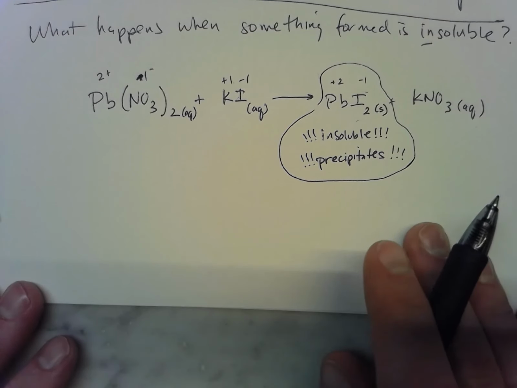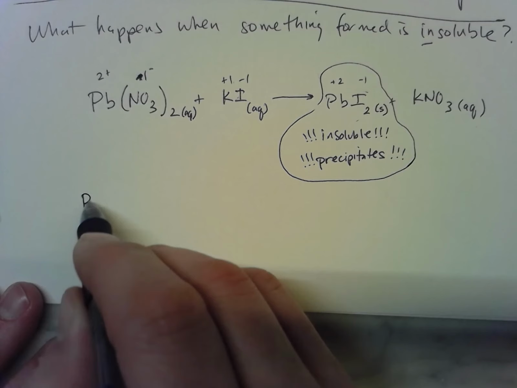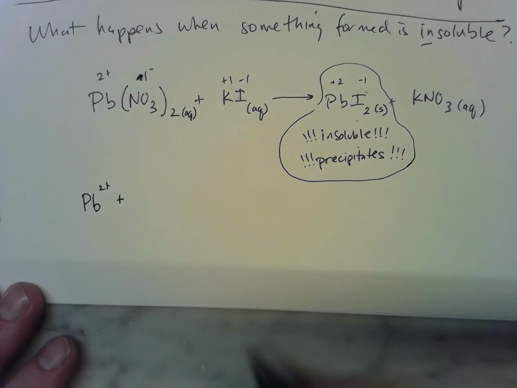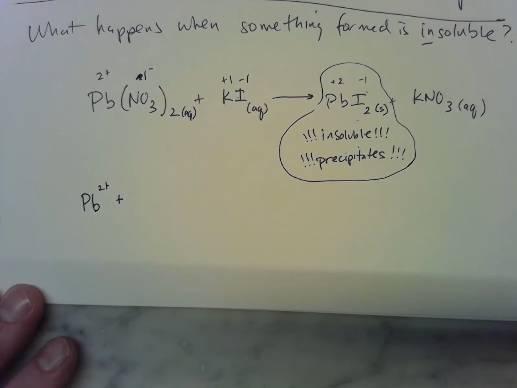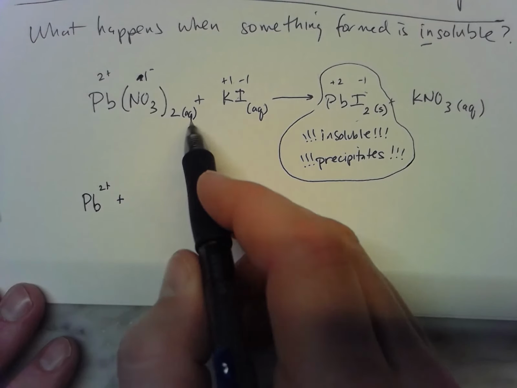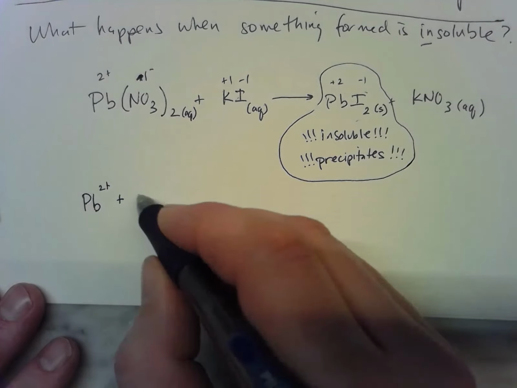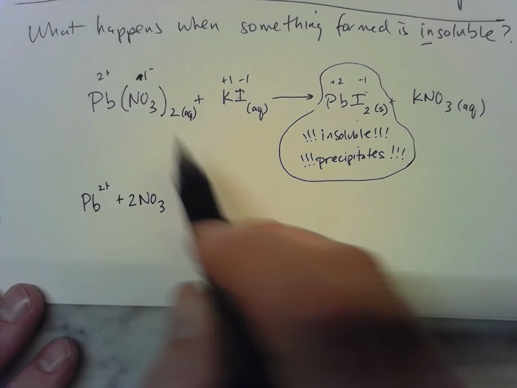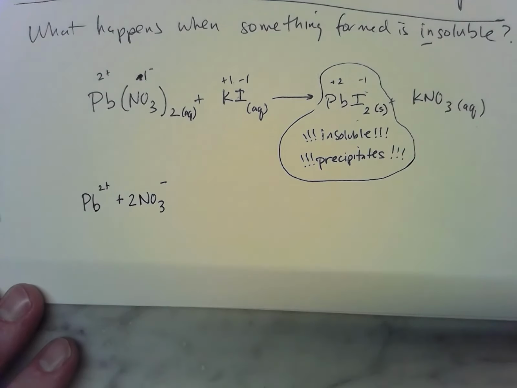So what are we going to have? We're going to have Pb 2+, and we're going to write them as ions and no longer as compounds. Instead of just writing them as aqueous, we're going to show them as their separate ions. Then we're going to have 2 NO3s, and that's going to be a minus.